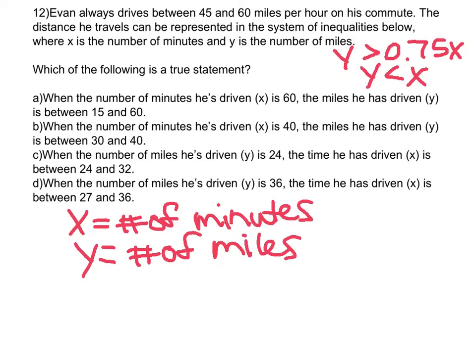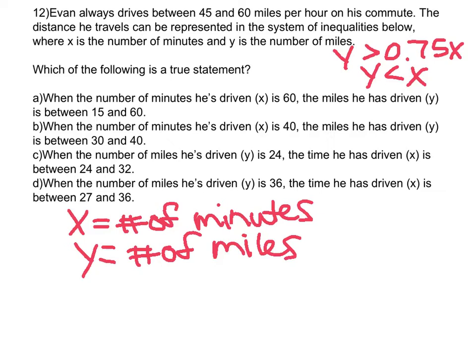So if you take a look at the first one, it's saying that the number of miles is greater than 0.75x. Okay, and you're probably wondering where you get the 0.75, but if you would take your 45 and your 60 miles an hour and divide them, you would get the 0.75.